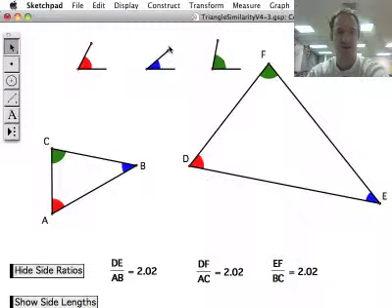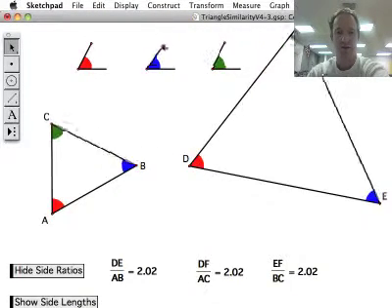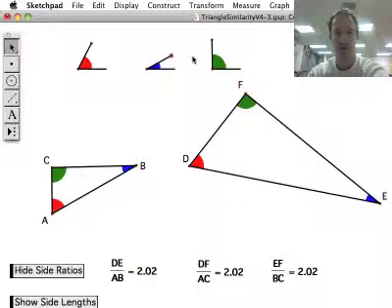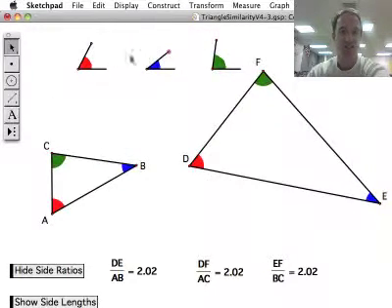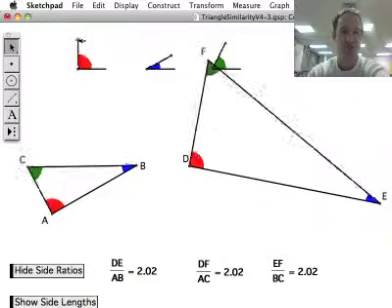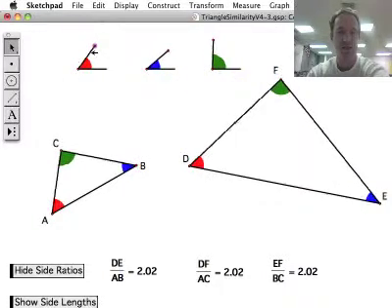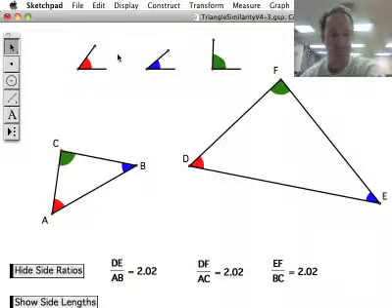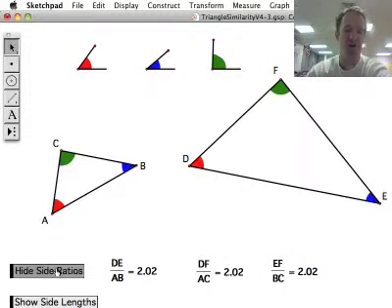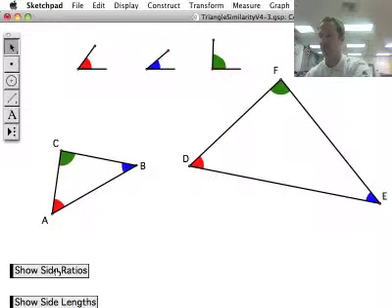They're still all the same. No matter how we change these angles, those ratios are still always going to be the same. So it turns out if all we know about 2 triangles is that their angles are the same, then those triangles have to be similar.